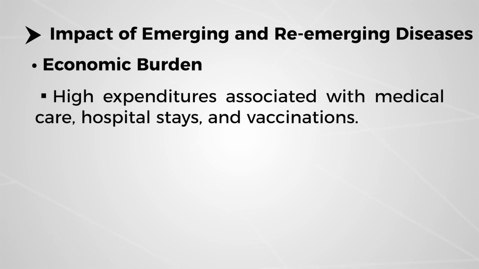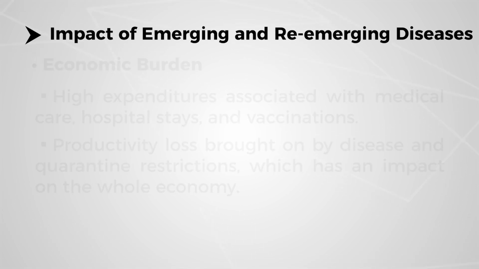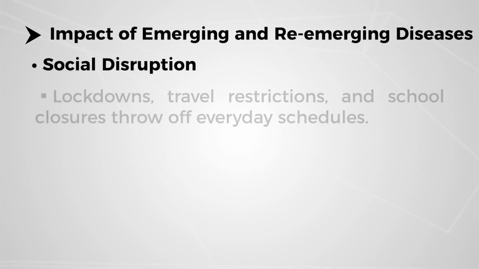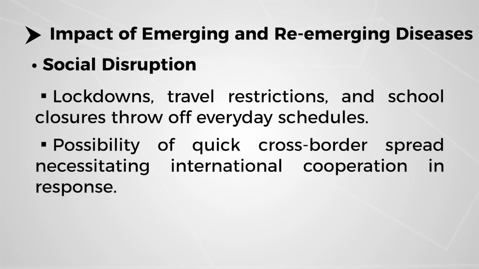So there is high expenditure associated with medical care, hospital stays and vaccinations, and productivity loss brought on by disease and quarantine restrictions, which has an impact on the whole economy, as we have seen. So social disruptions like lockdowns, travel restrictions and school closures throughout everyday schedules also contributed to this economic burden.